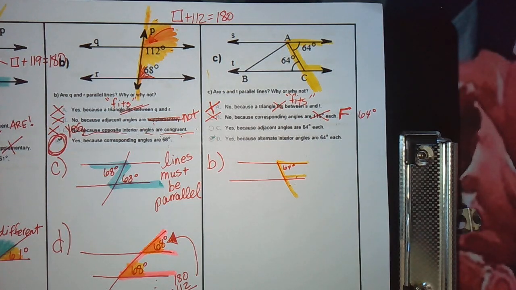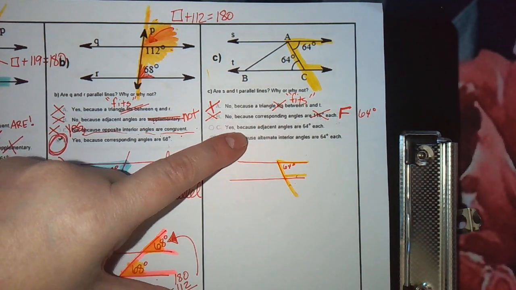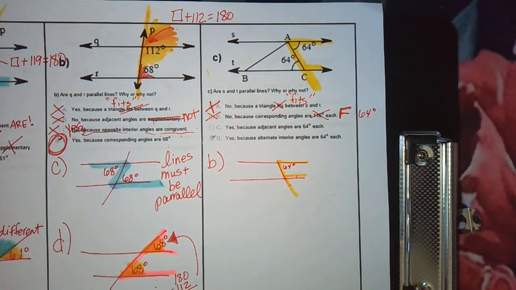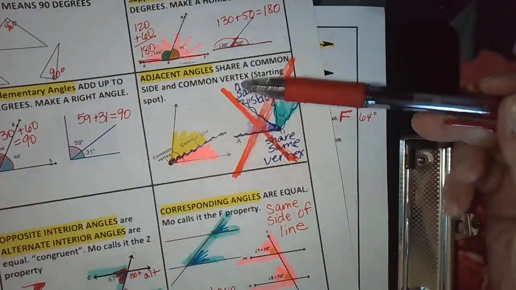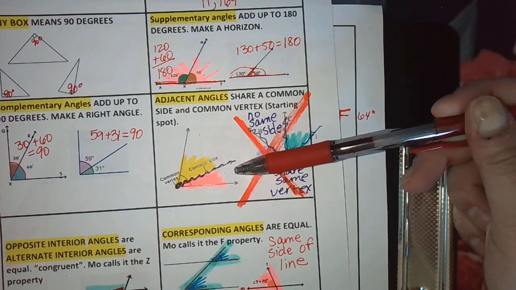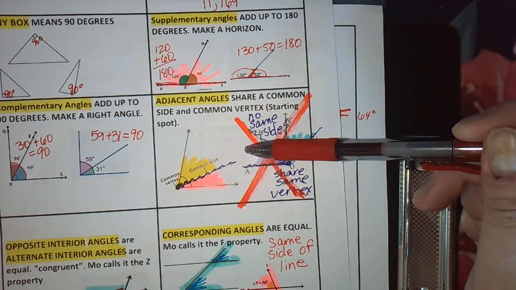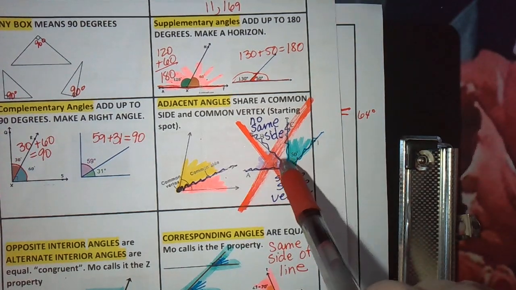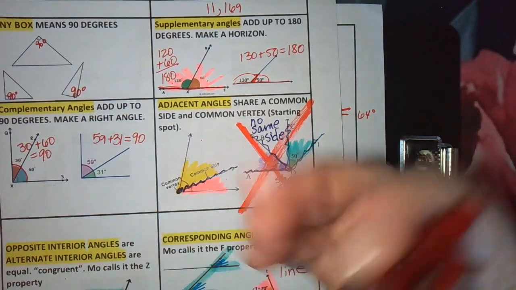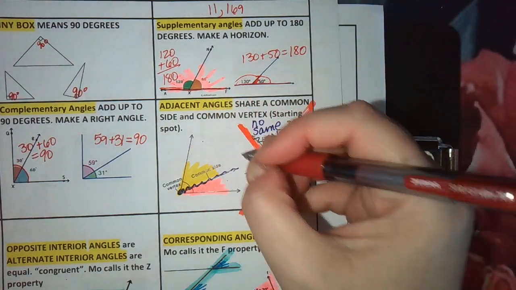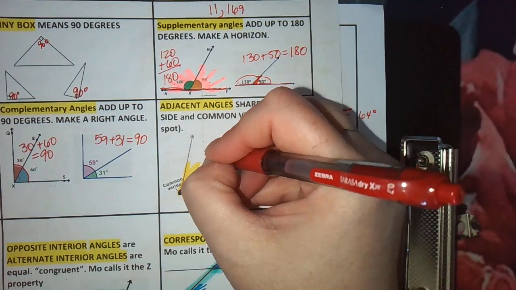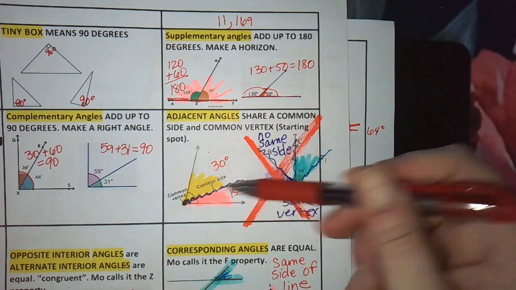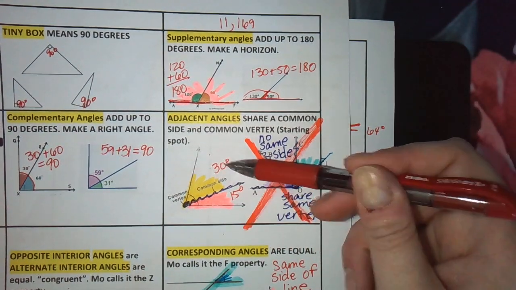Okay, let's keep going. C says yes because adjacent angles are 64 degrees each. I think we've talked about this. Here are my adjacent angles. They share a common side, but they're worth different amounts of degrees. Like for example, maybe 15 degrees and 30. Those share the same side, but they're not congruent. The numbers are different.